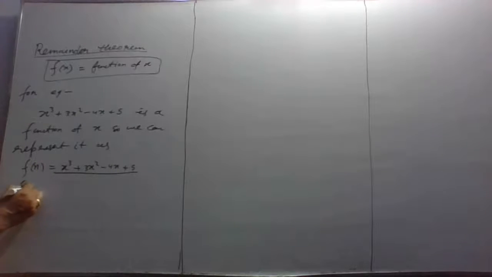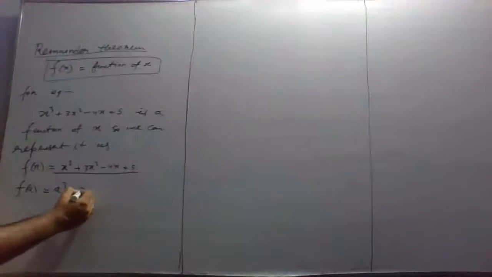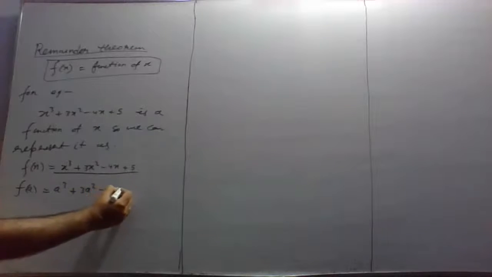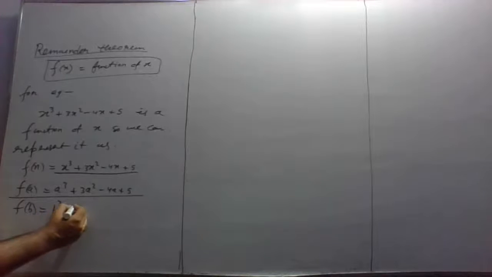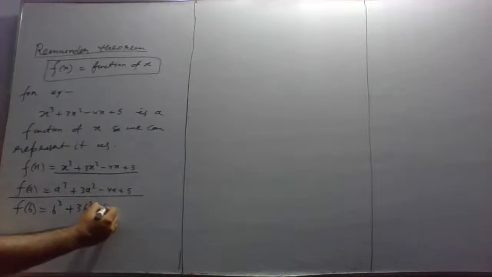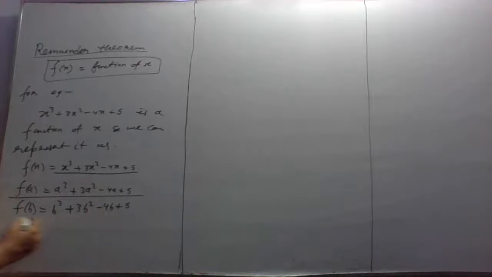Okay, if we write f(a), all the terms of the right hand side will be converted from x to a: a cube plus 3a square minus 4a plus 5. If we write f(b), all the terms of the right hand side are converted from x to b: b cube plus 3b square minus 4b plus 5.